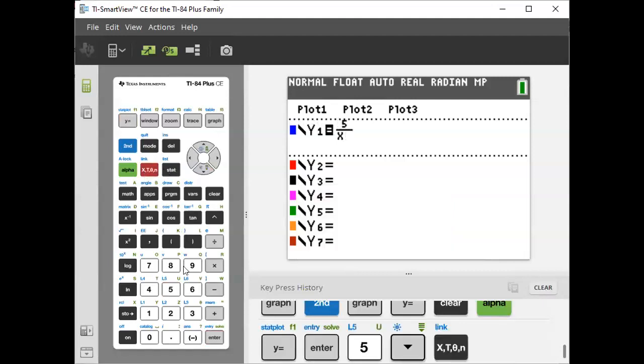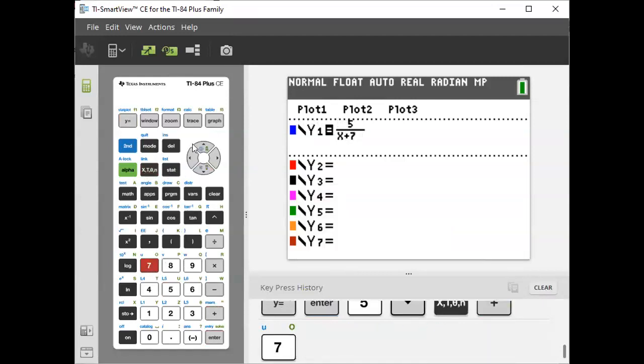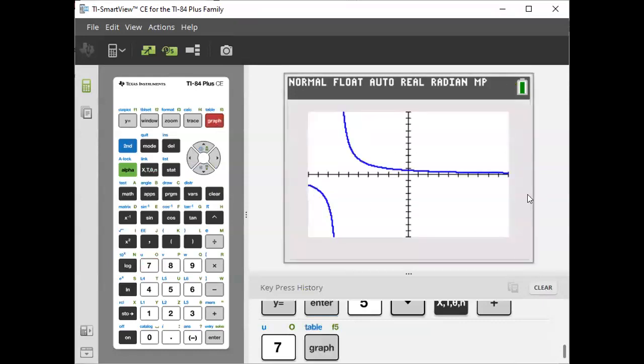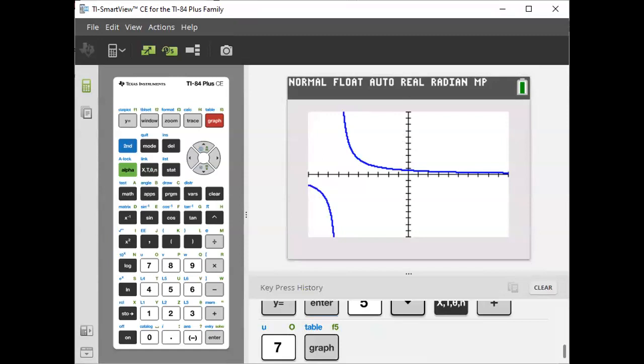Is it going to pass the vertical line or the horizontal line test? It passes both, because you draw a line and it would only hit it one time if you did a horizontal line. So the answer to that is yes.